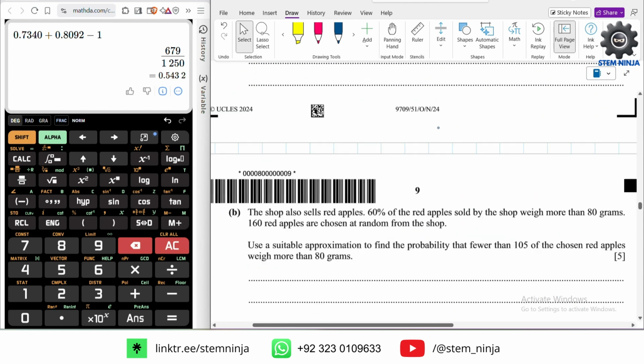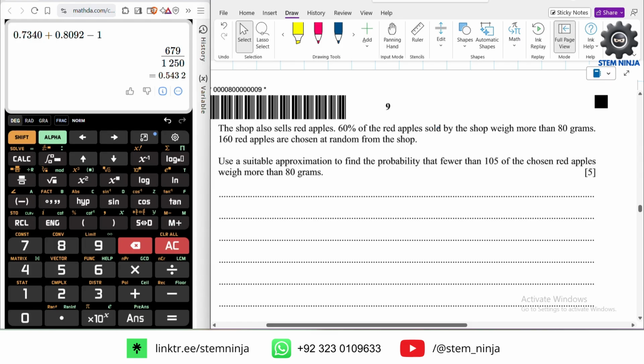Right, okay. The shop also sells red apples. 60% of the red apples sold by the shop weigh more than 80 grams. Okay. 160 red apples are chosen at random from the shop. Use a suitable approximation to find the probability that fewer than 1/5 of the chosen red apples weigh more than 80 grams.